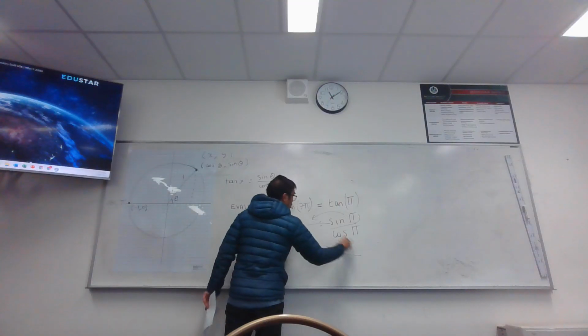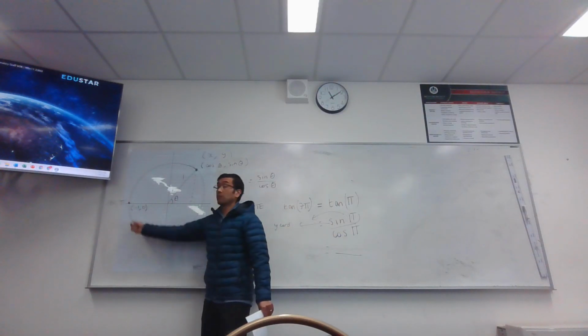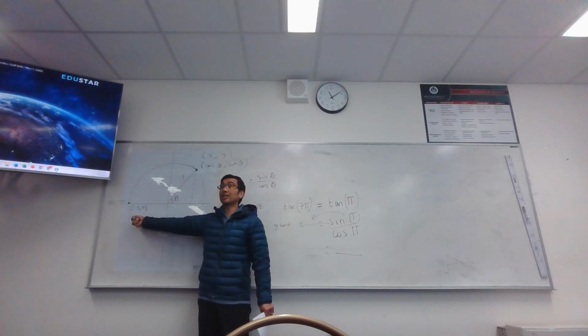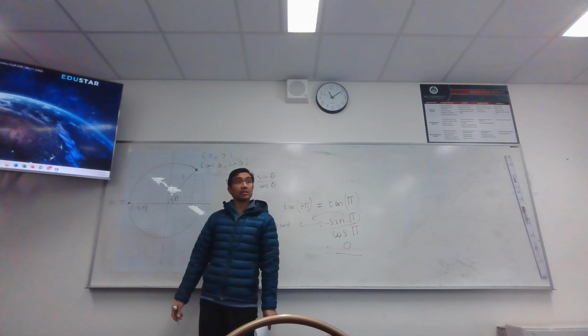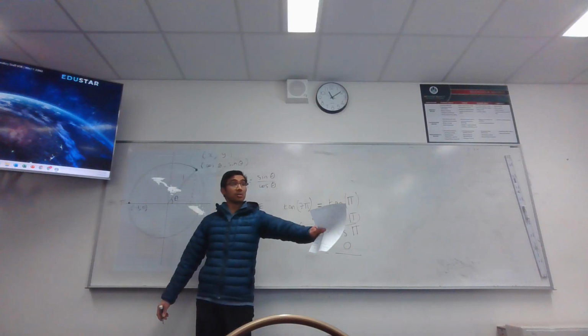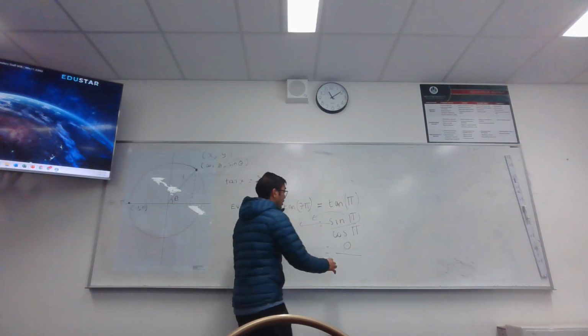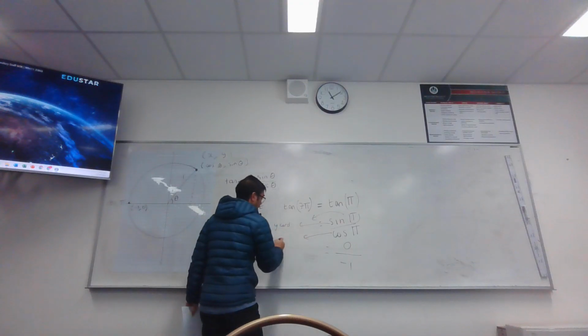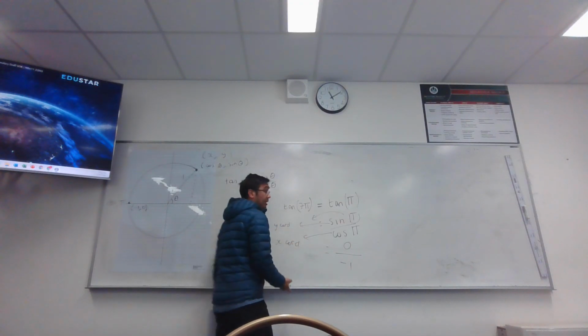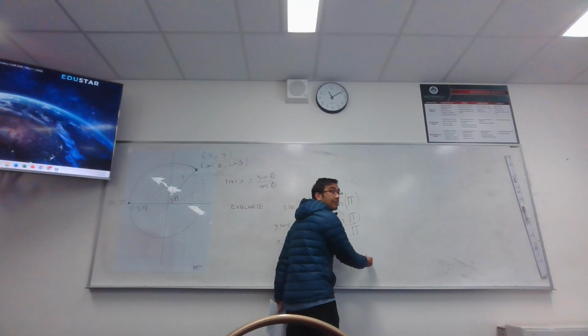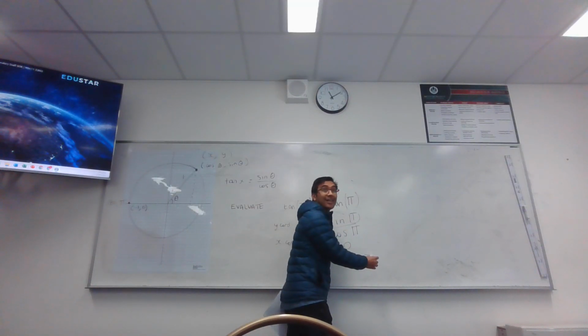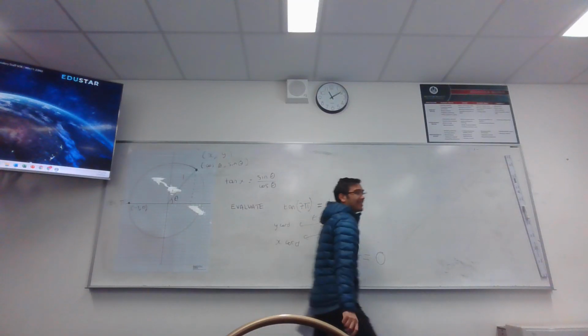So on the top, for the y coordinate for this point here, what do I insert, Jesse? 0, correct. Cosine pi, Emily, becomes? It's -1, because that's the x coordinate. And 0 divided by -1 is what answer? It's not undefined, it is defined. It's 0.